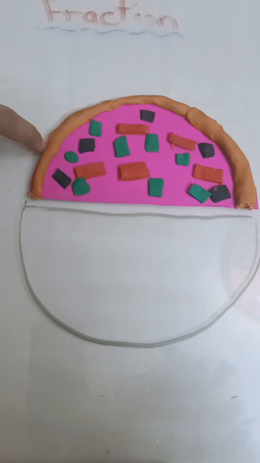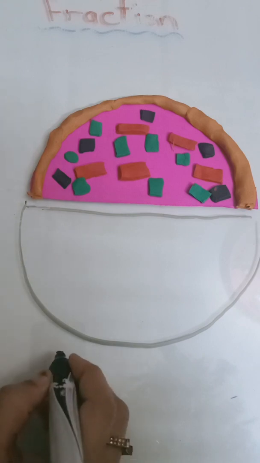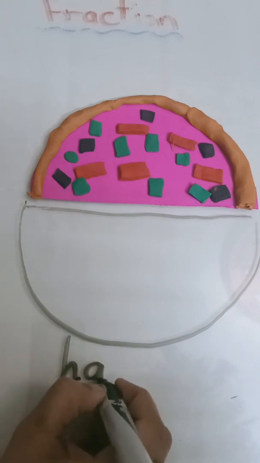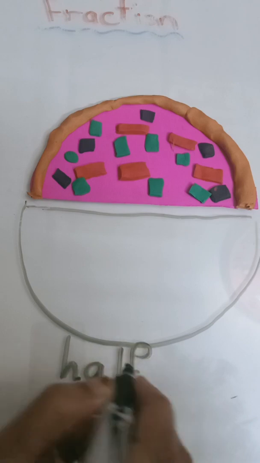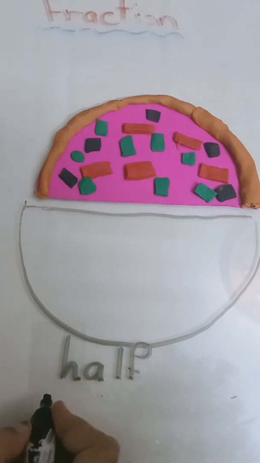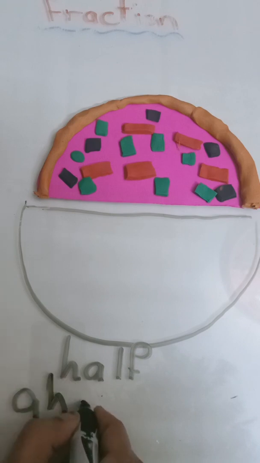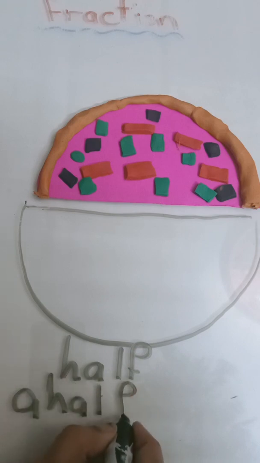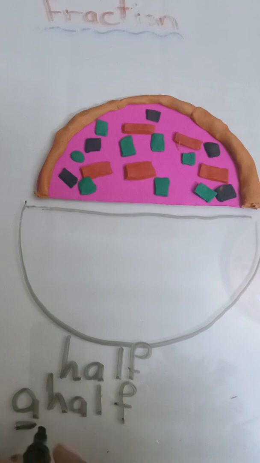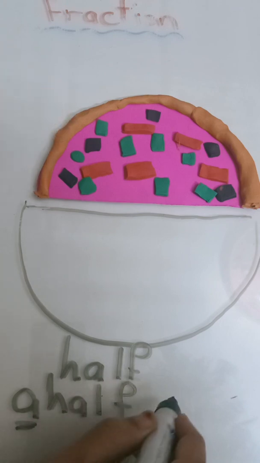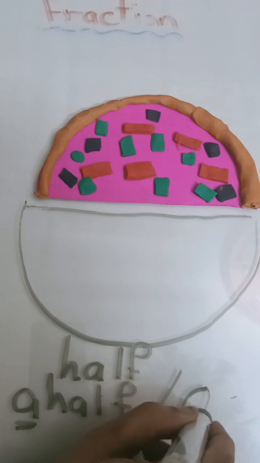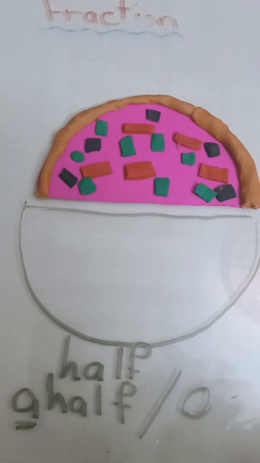Miss, we have here 1 part of 2. This is called half, or 1 piece, yes? So we can write a half. Why a? Because it's single, okay? Or 1 half.